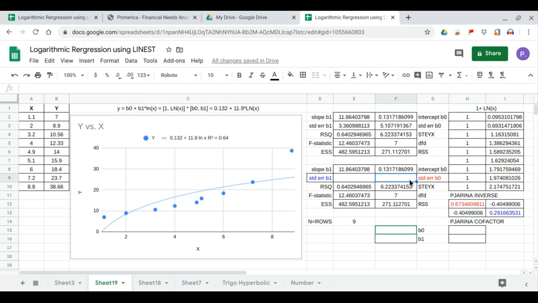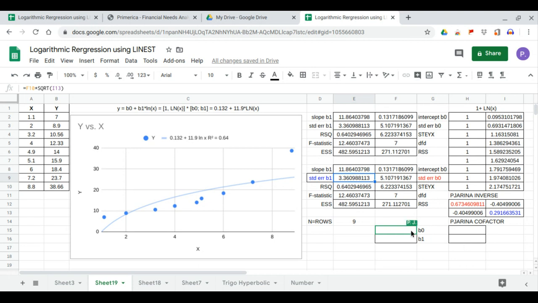Now we can calculate the standard error value of the intercept, which is equal to STEYX times the square root of the first diagonal element. That's 5.107, matching our LINEST output. Then the standard error value of b1 is equal to STEYX times the square root of the second diagonal element. And this 3.36 matches our LINEST output.